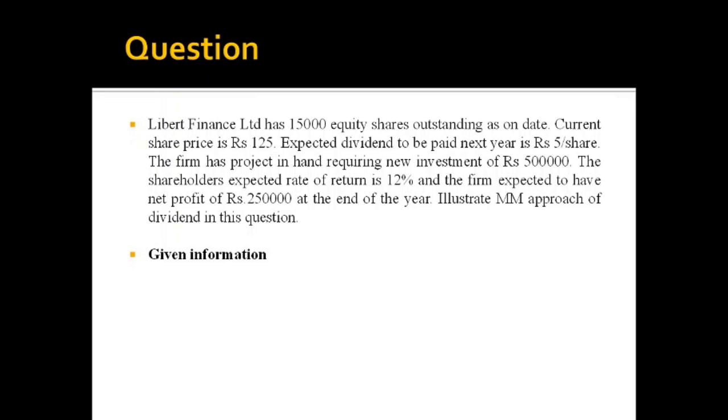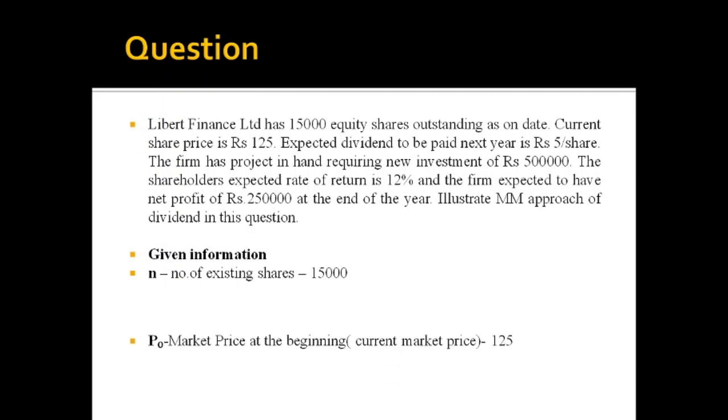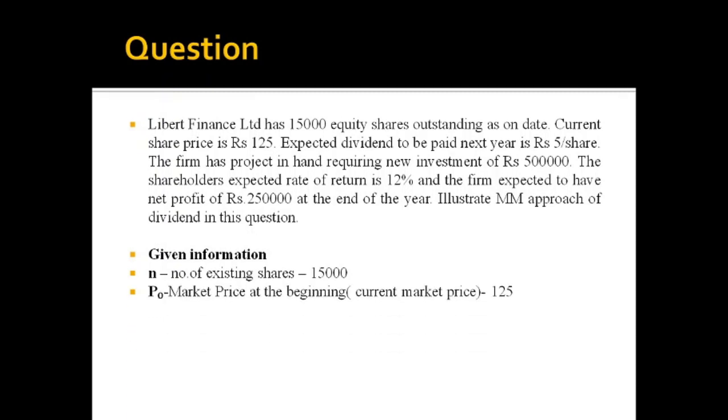First of all, we can list out the information that is given in the question. The number of existing shares, that is N, is given, that is 15,000 equity shares are outstanding on date. P0, the market price at the beginning, is also given, that is P0 is equal to 125. D1, the dividend to be received at the end of the year, is also given, 5.